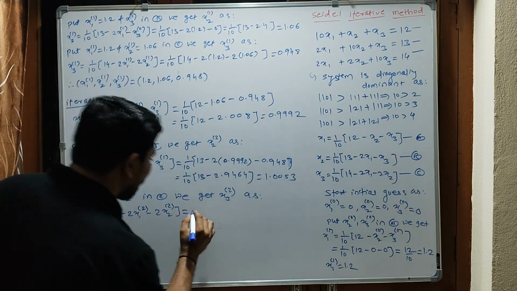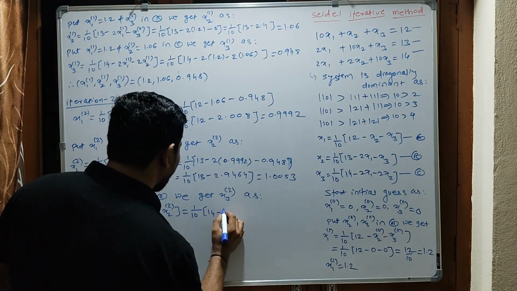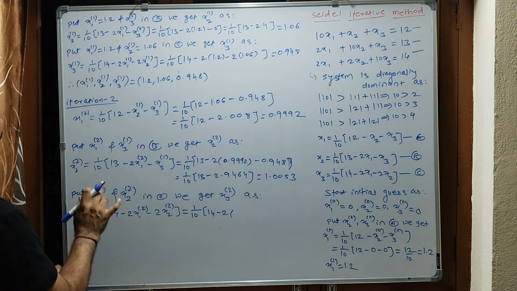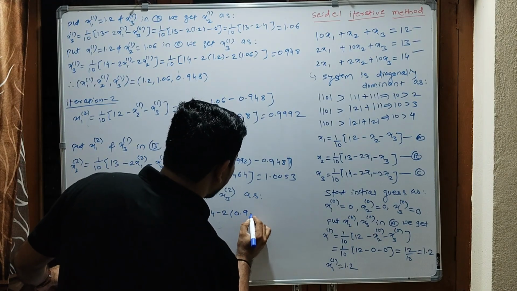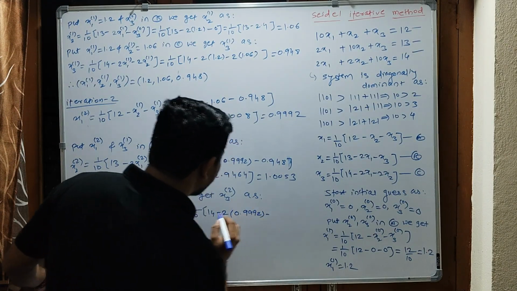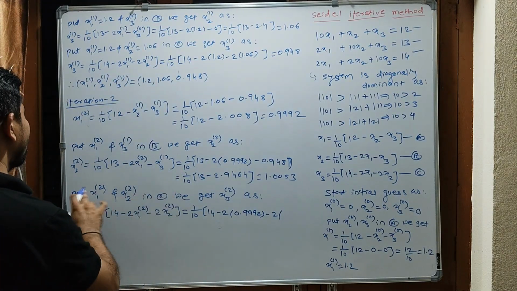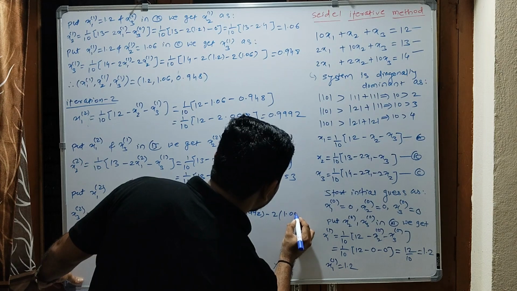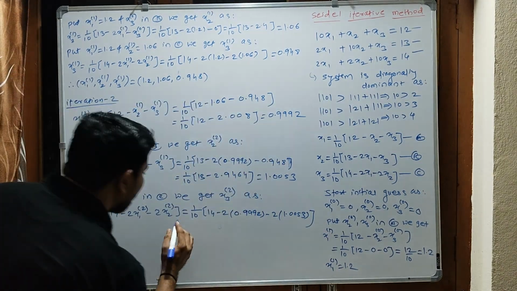Just put in the values: 1 by 10 times 14 minus 2 times 0.9992 minus 2 times 1.0053.